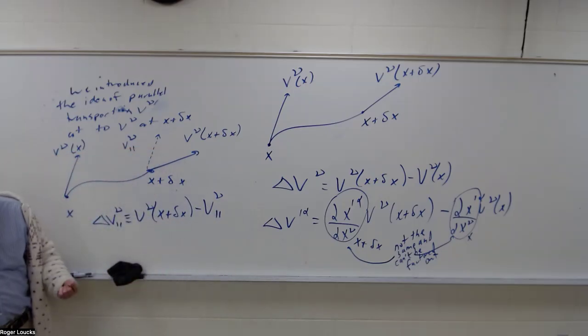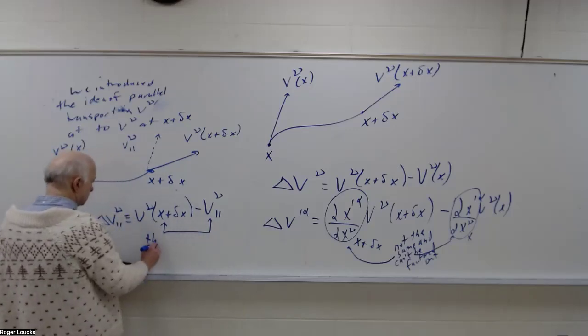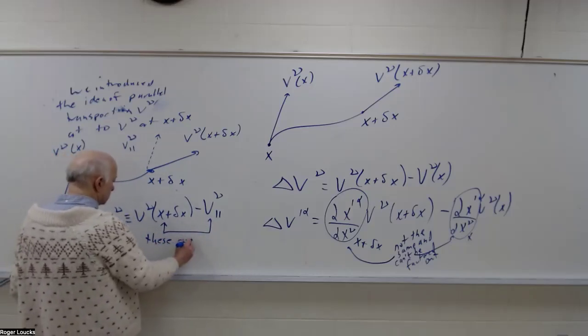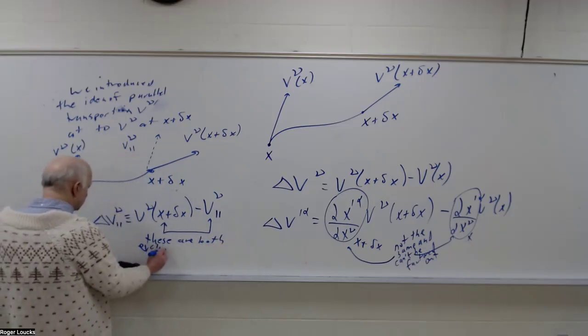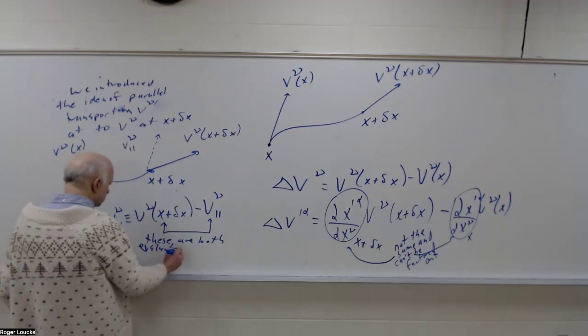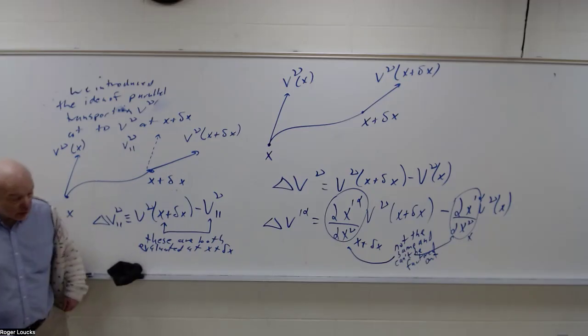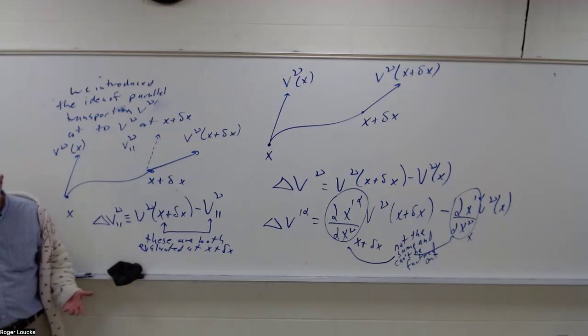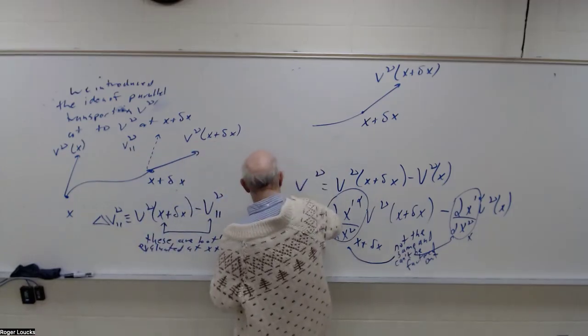Now these are evaluated at the same point, so I can factor out that term, and my life is going to be good. How do we go about doing this? We needed a way of figuring out what this V parallel is.